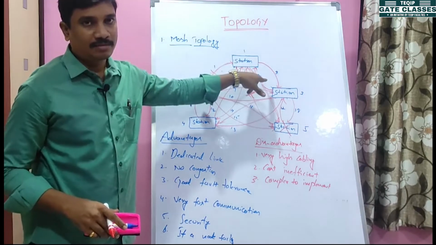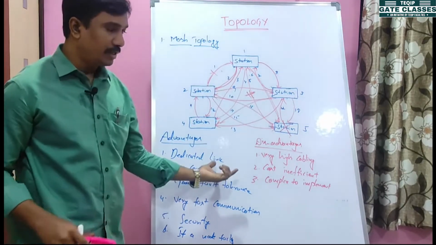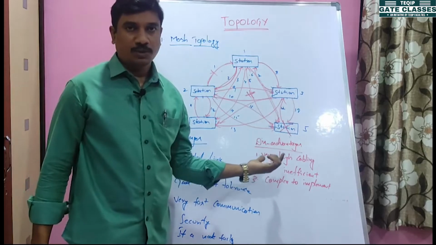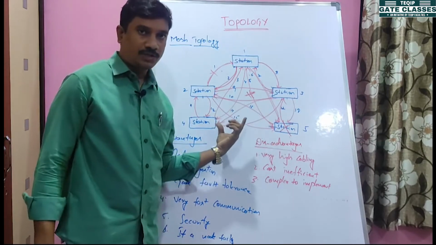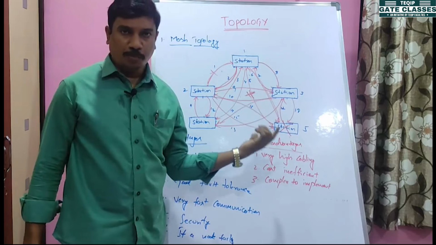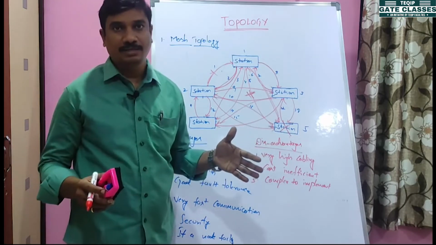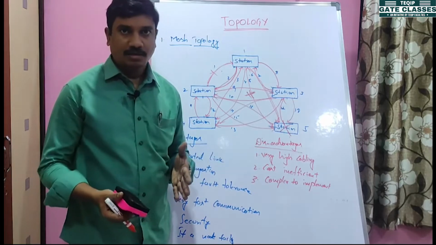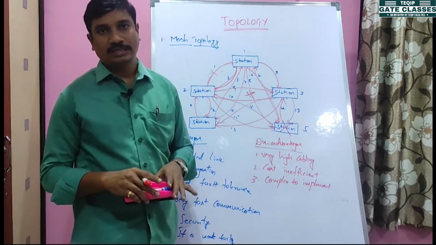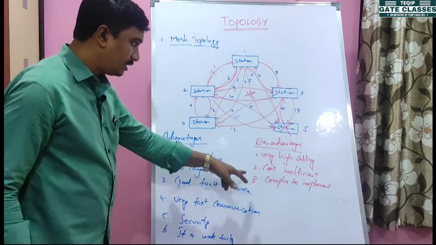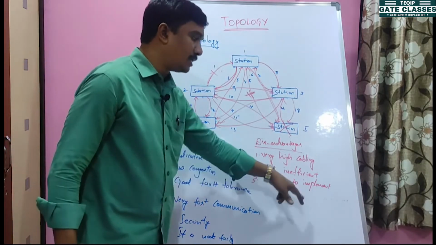Whereas in the duplex mechanism, n-1, so for 5 stations, 5 minus 1, 4 ports are needed. So the size of the computer also increases. The cost increases and the size of the computer also increases. And the third one is complexity to implement.